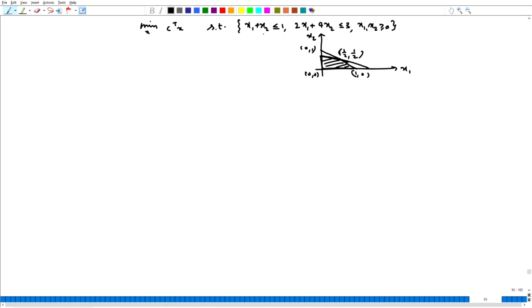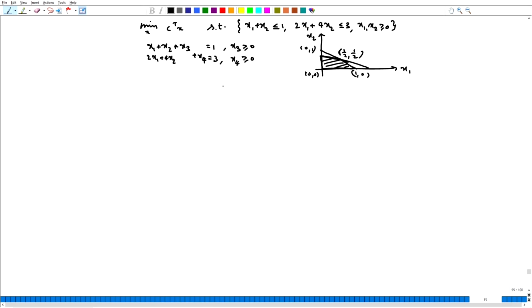Now we will modify this into its standard form, Ax = b. If you do that, you will have x1 plus x2 plus x3 equal to 1 and 2x1 plus 4x2 plus x4 equal to 3, and you also need x3 and x4 non-negative.